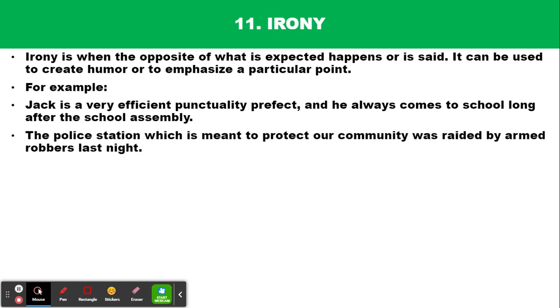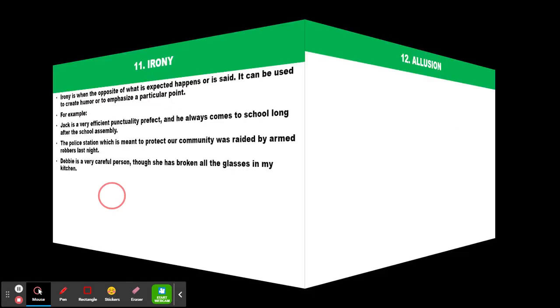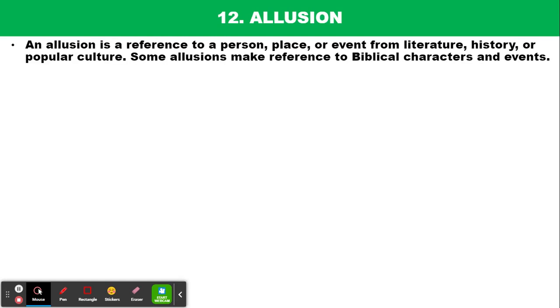The police station, which is meant to protect our community, was raided by armed robbers last night. Debbie is a very careful person, though she has broken all the glasses in my kitchen. So that is irony.